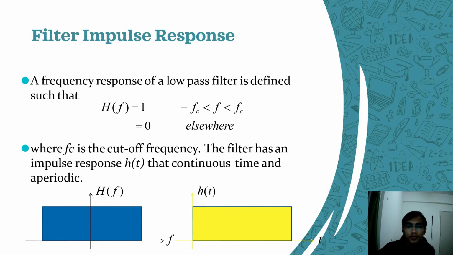The frequency response of a low-pass filter is defined such that H(f) equals 1, where Fc is the cutoff frequency, and the filter has an impulse response h(t) that is continuous time and aperiodic.